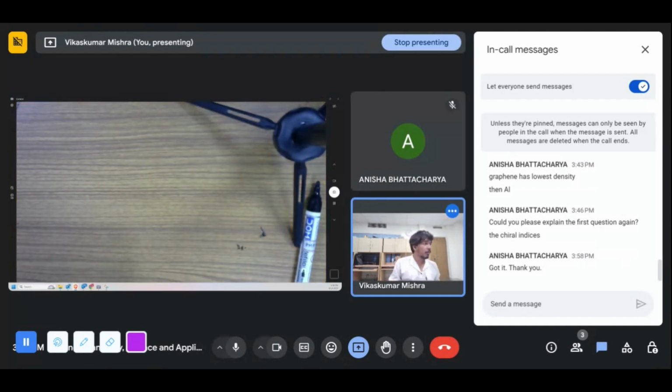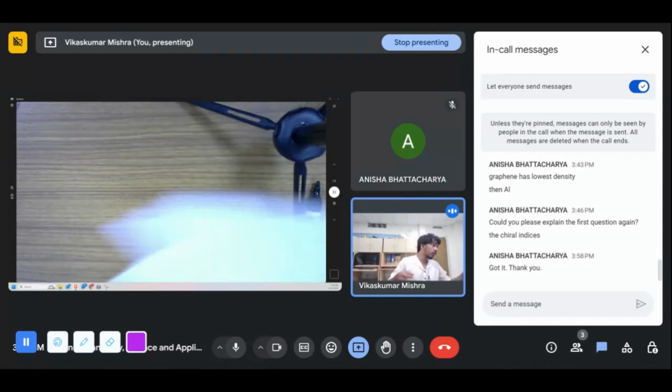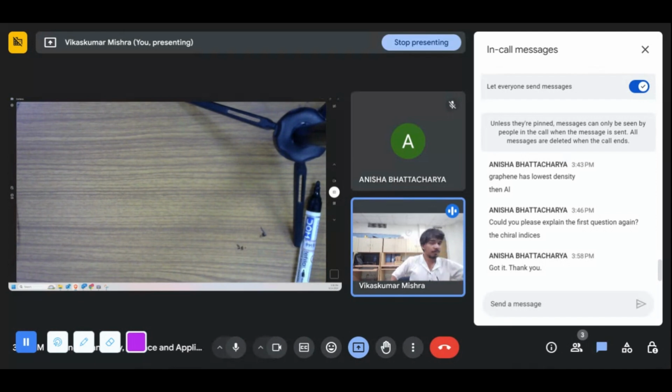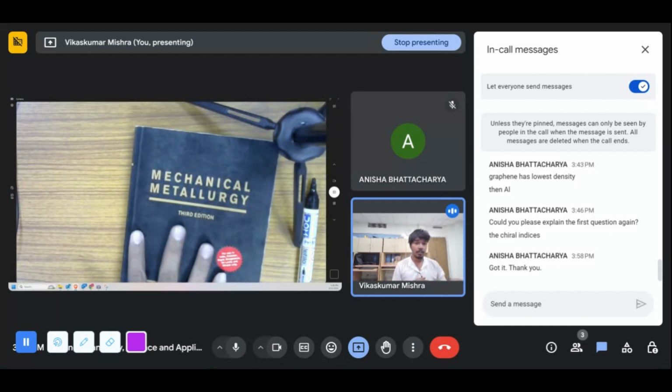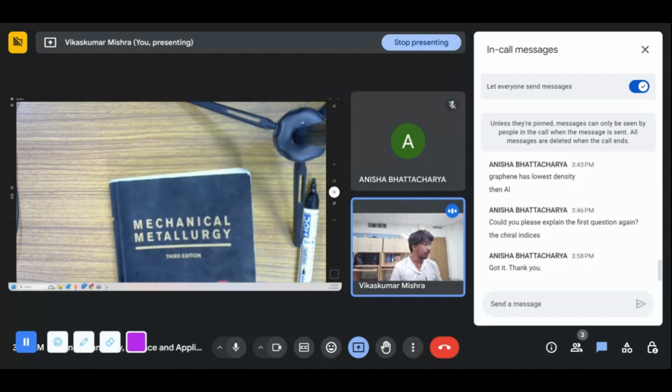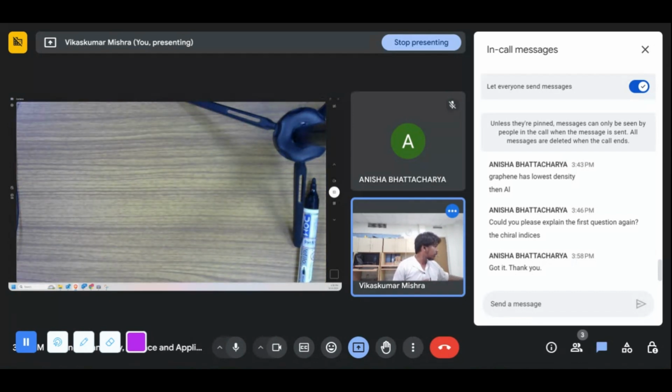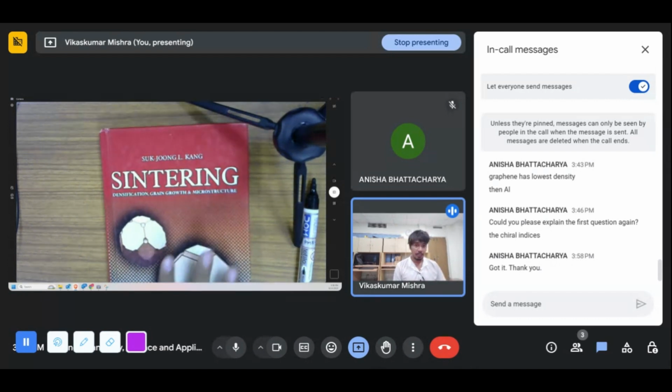Okay, so let me quickly tell you the books which I followed. As I already told you about the details I use for tensile testing, and the stuff we have discussed in the class, to a large extent we have also discussed the sintering of ceramics, and this is the book I usually follow for sintering.